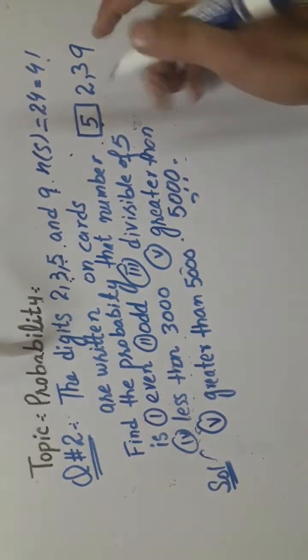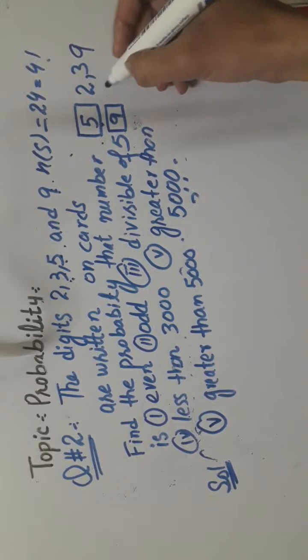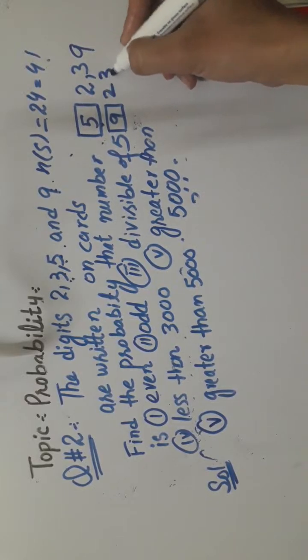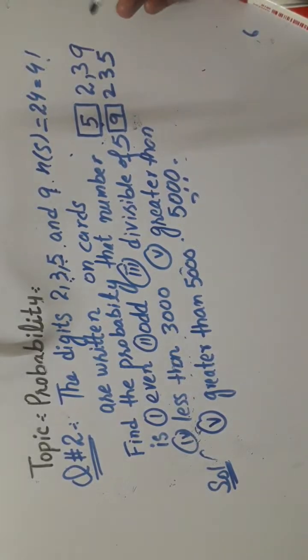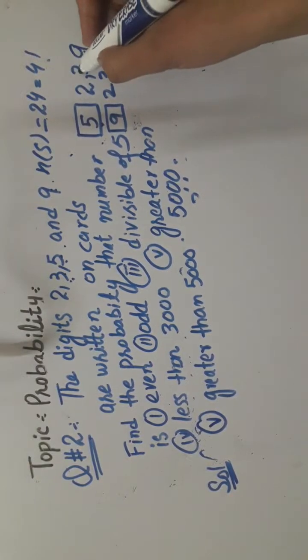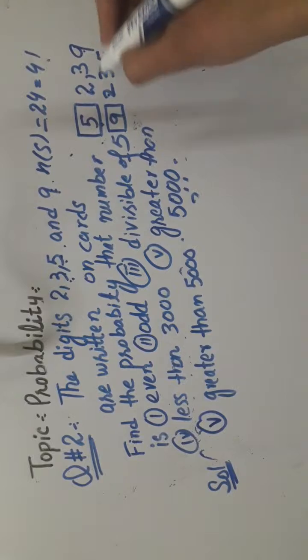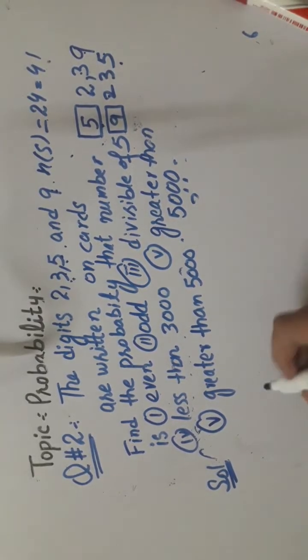And if you use 9 here, then 2, 3 and 5 are used here. But you can make many other combinations of this. You can place 9 in the place of 2, 9 in the place of 3, 5 in the place of 2 and 3, and many other combinations can be formed.